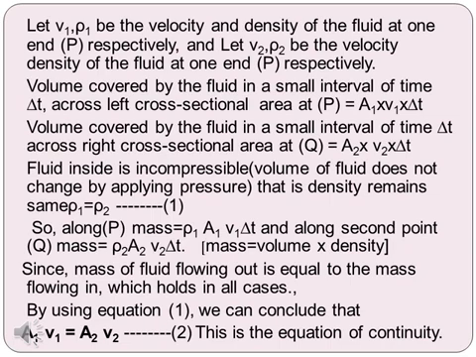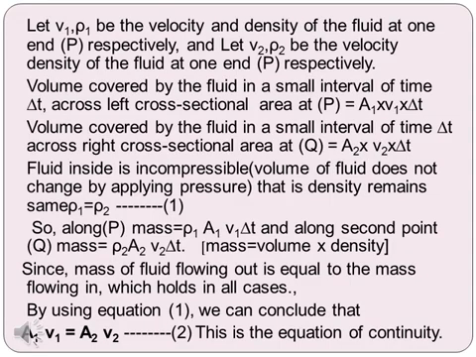As the fluid inside is incompressible, which means that its volume does not change by applying pressure, its density remains unchanged at any point. Here, at the point P and at the point Q, the density will be constant. So we can write ρ1 is equal to ρ2, which is expression 1.